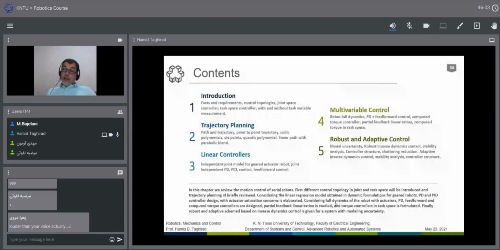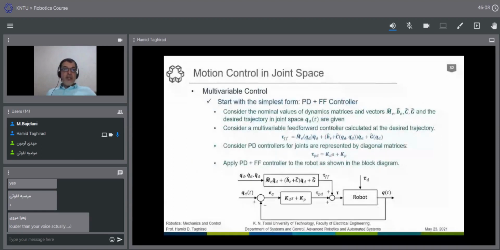But notice that we consider that we know the nominal value of M_e, the effective M. So we don't know exactly what M is, but we can calibrate it and find something close to the real one here. We have B, C, G, the dynamic parameters, all hatted. The hat means the nominal or estimated value of the matrices, not the true ones.